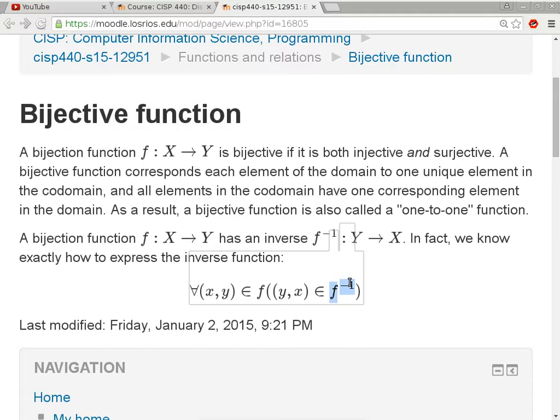So the inverse function is also a bijective function. Yes. Very good. So I'm just going to repeat that so that the recorder will record it. If f itself is bijective, then an inverse function has to exist, but the inverse function itself also has to be bijective.